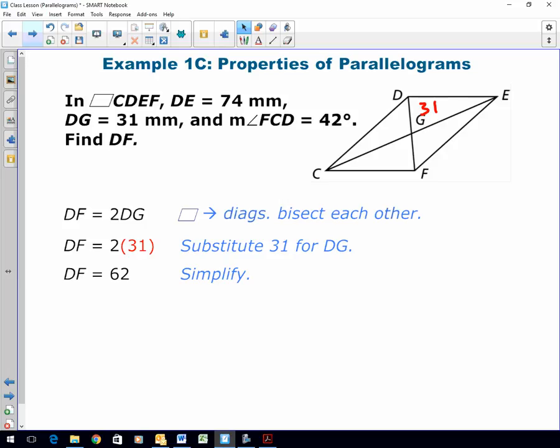What did the property of the parallelogram with all diagonals tell me to do? Bisect. What does bisect mean? Cut it in half. So if I took DF and I cut it in half at point G, 31 would be up here, how much would be down here?